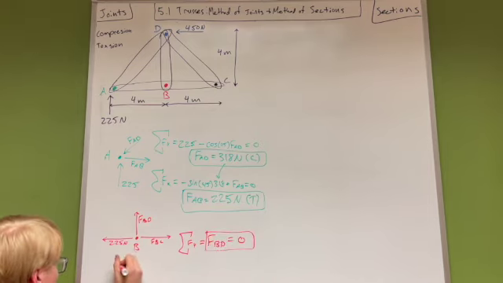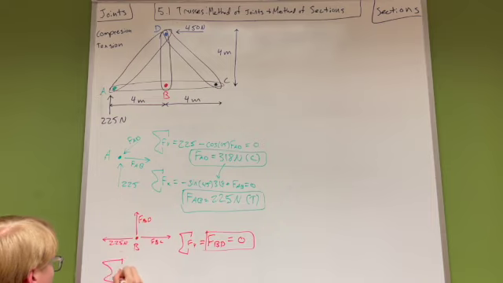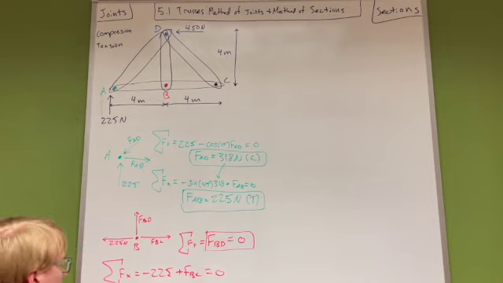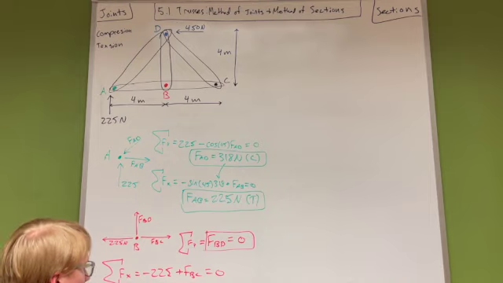If you sum the forces in the x, we get a negative 225 and a positive FBC equals 0. Do a little math and you find that FBC is 225 newtons.